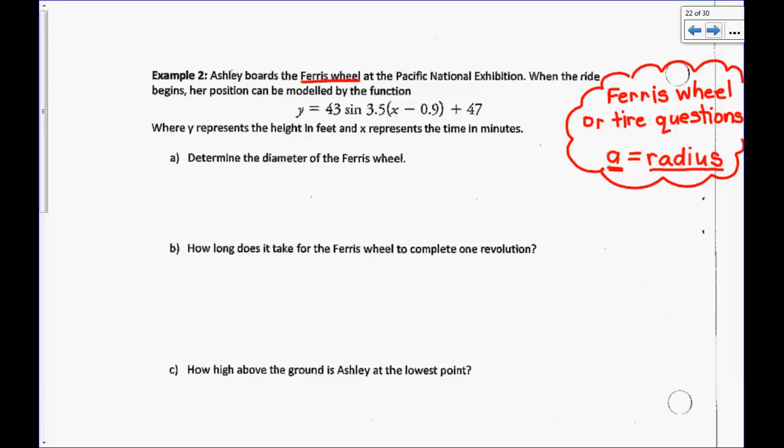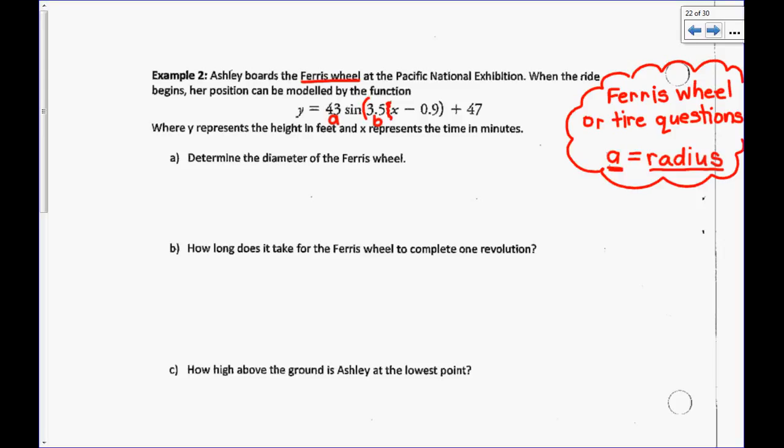So Ashley boards the Ferris wheel at the Pacific National Exhibition. When the ride begins, her position can be modeled by the function y equals 43 sine 3.5 times x minus 0.9 plus 47. First of all, let's label each of our parameters here. 43 would be our A, 3.5 is the B. Sometimes we see that 3.5 put with the bracket on this side instead of here.